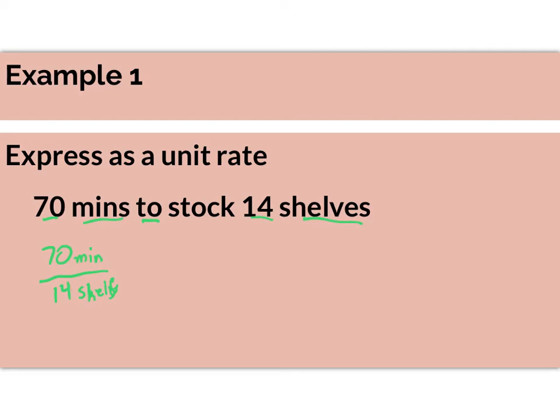Okay, so now let's solve it on the next one. 70 divided by 14. And when we say unit rate, you're actually going to have to divide these out. Minutes per shelf. Okay, so 70 divided by 14.